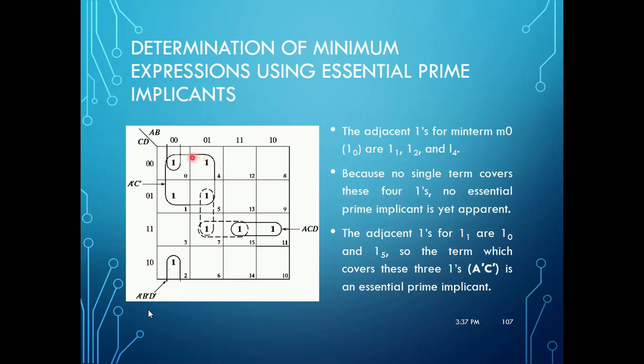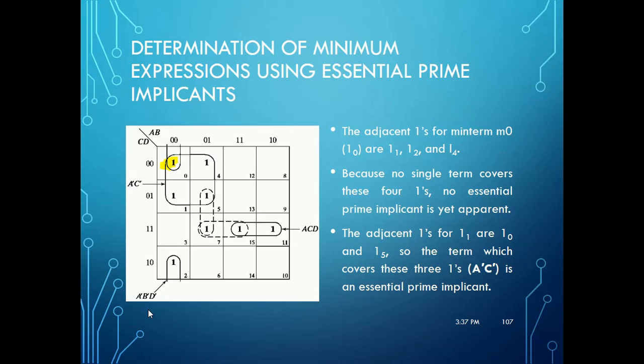Because here no single term covers these four ones, no essential prime implicant is apparent. Actually, m0 is covered by two terms: one is A bar C bar as well as A bar B bar D bar. So it is not an essential prime implicant.